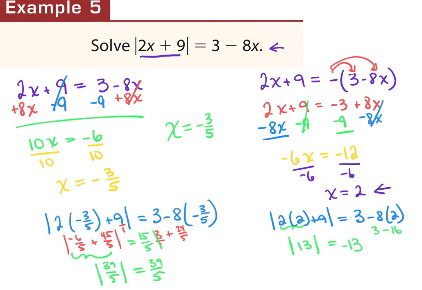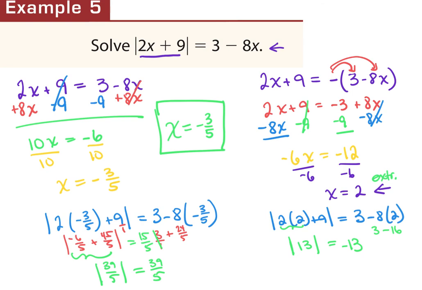Does the absolute value of 13 equal negative 13? No. That means this is an extraneous solution. It does not work when I plug it back in, which means the only solution I actually have for this is that one. Even though when I worked it out, I got 2 answers, when I plug it back in, one gives me a true statement, one gave me a false statement.